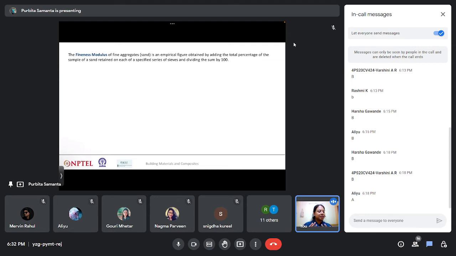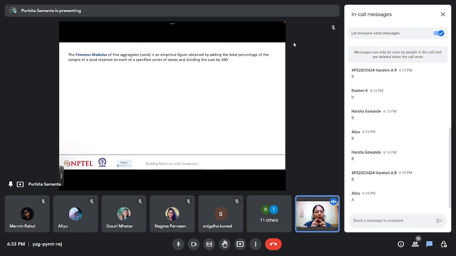It is basically an empirical figure obtained by adding the total percentage of the sample of sand retained on each of the sieves, and then dividing it by 100. So we will get a particular value, and accordingly we can understand the fineness modulus.